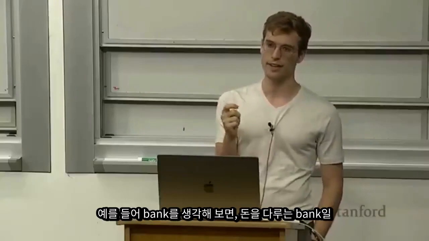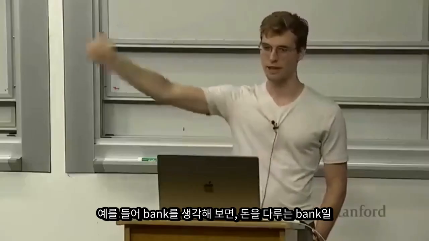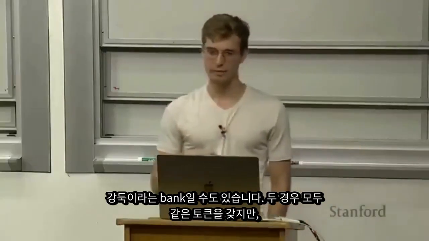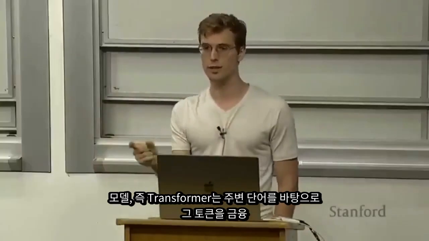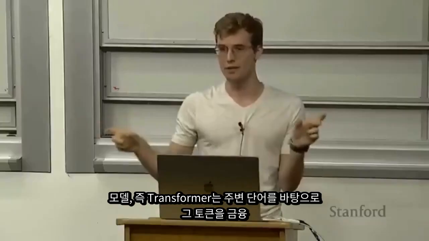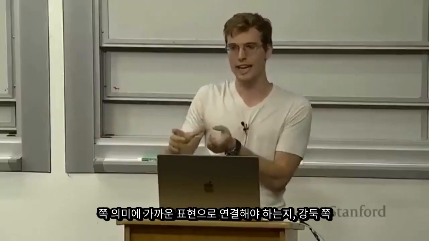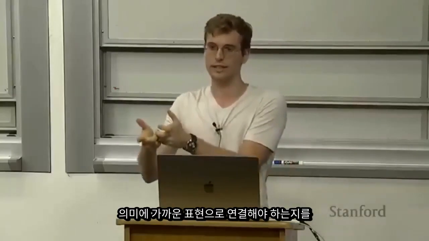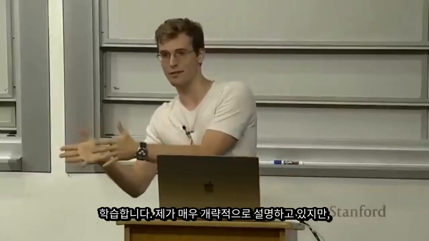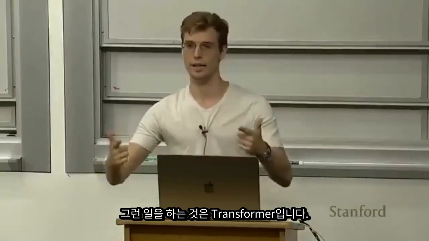For example, if you think about bank, which could be bank for money or bank like water, it will have the same token, but the transformer will learn that based on the words that are around it, it should associate it with a representation that is either more the bank money side or the bank water side. I'm being very hand wavy here, but that's the transformer that does that. It's not a tokenizer.